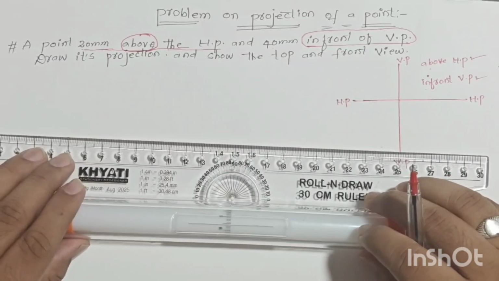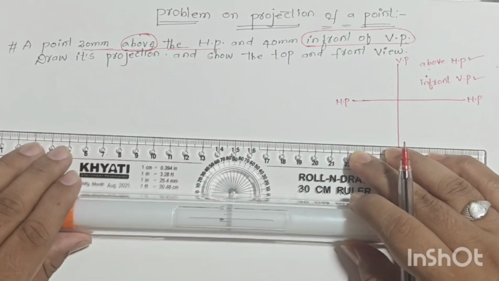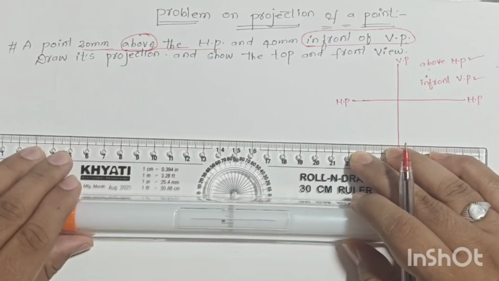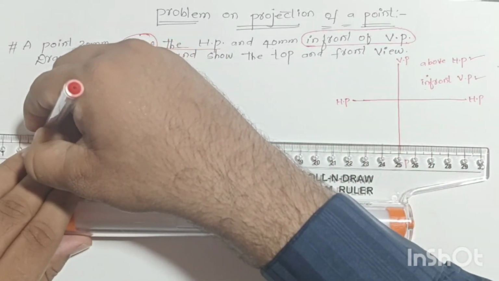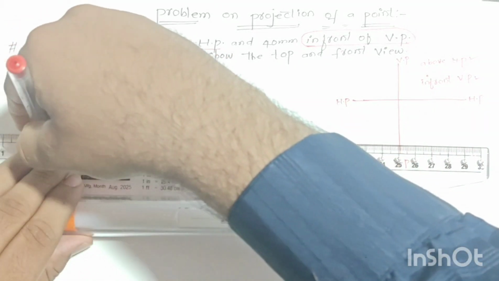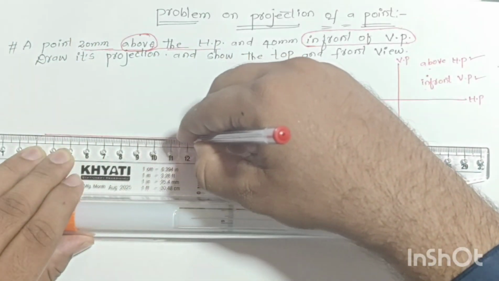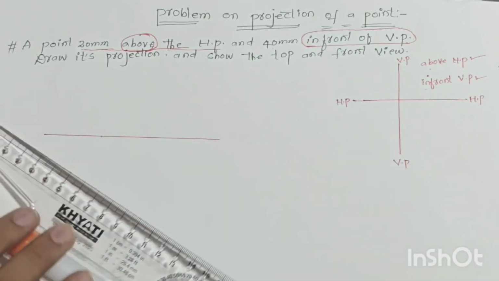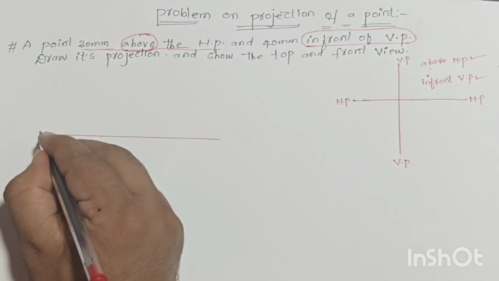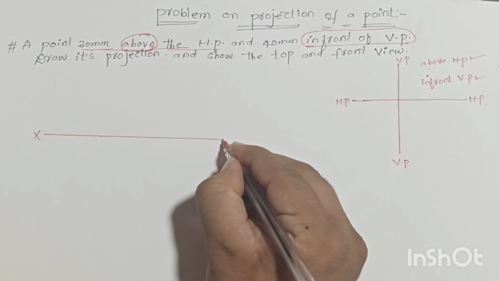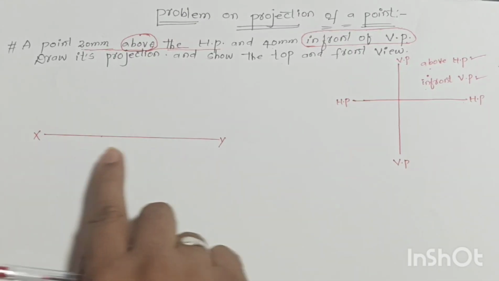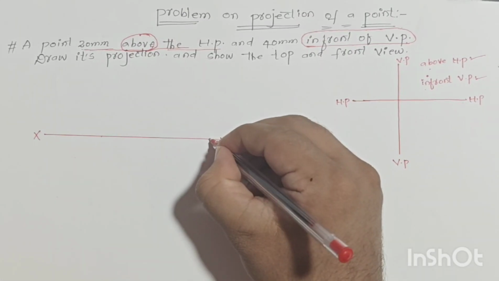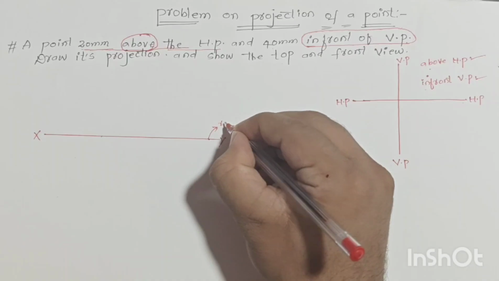First draw the reference line. Clear? Represent here X and Y. This line is known as a reference line.